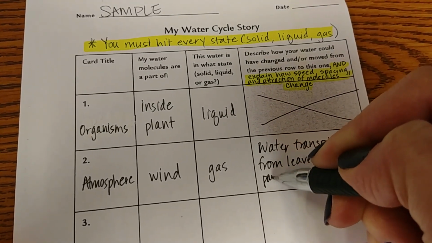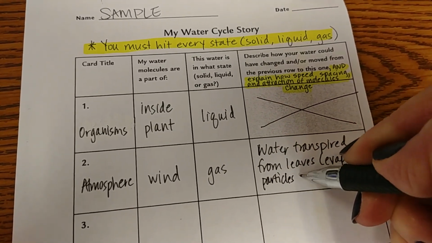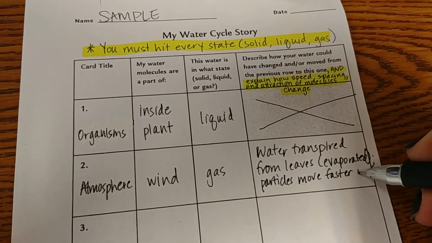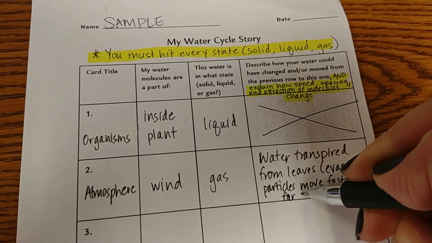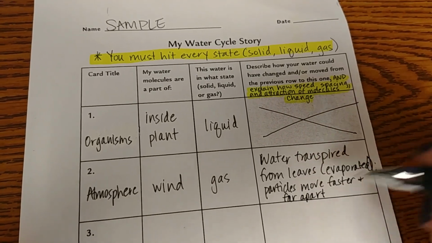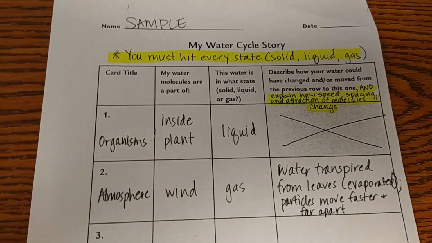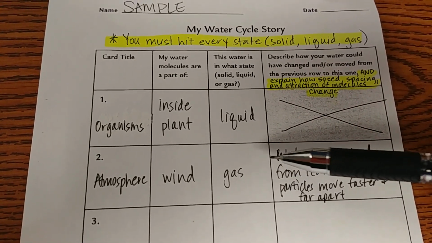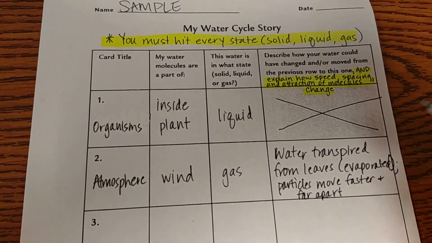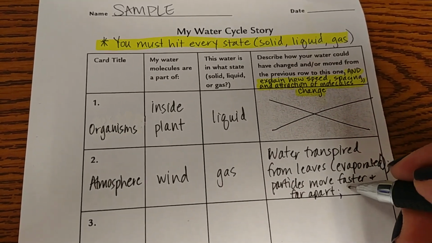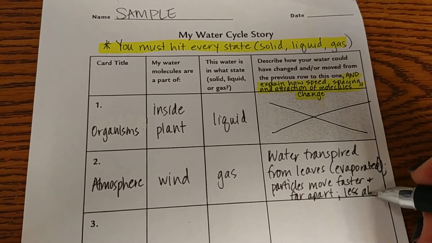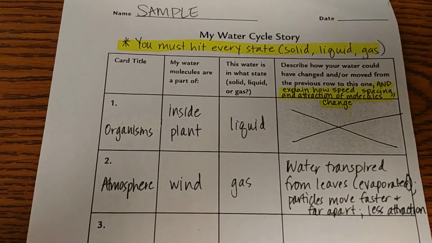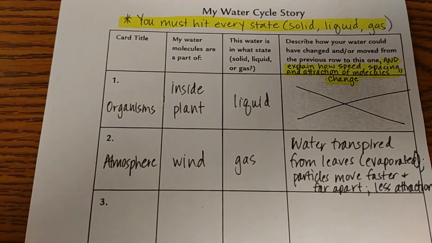You can say particles are moving faster and far apart. So I'm explaining how I would go from a liquid to a gas. Okay. You can say less attraction. Okay, and you just keep on going from here.